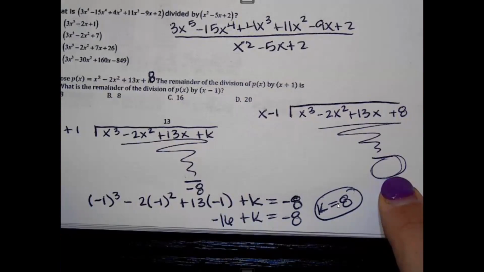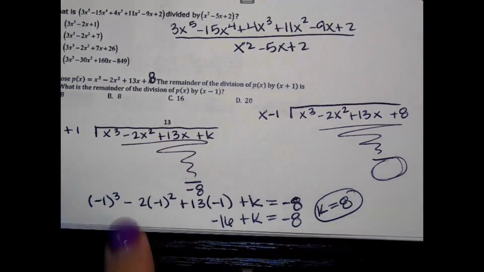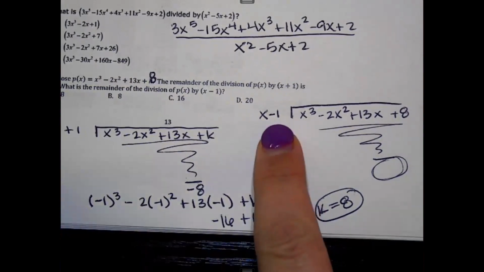We could do synthetic division. Do we have to do synthetic division, or could we even shortcut that? Could we do the remainder theorem? Could we do this thing again? Just with this instead? Yeah.